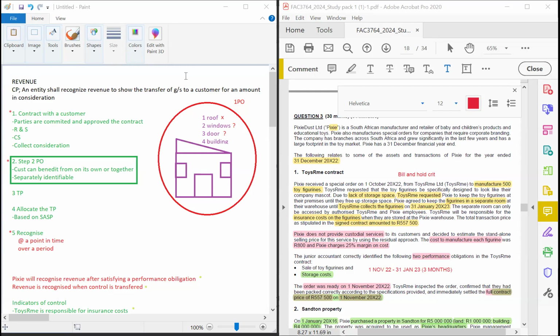I don't think you'd be assessed on it. It's high grade. Okay. Are you fine on that one, Temba?